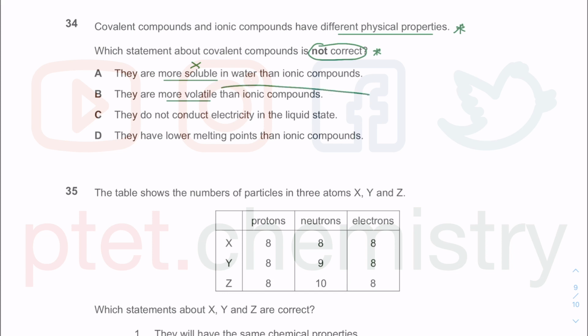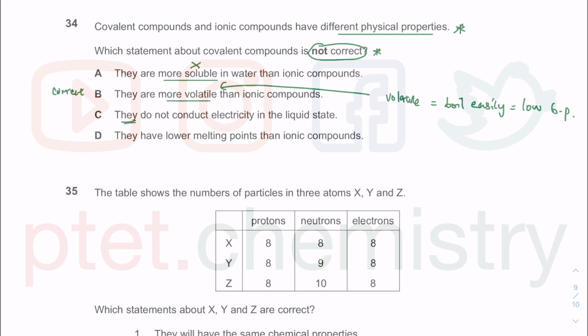Volatile is that English word I talked about just now. Volatile means boil easily. If you boil easily, it means low boiling point. A volatile person gets angry very easily. A volatile substance boils off easily. Low boiling point. Ionic compound, high boiling point. This is a correct statement.